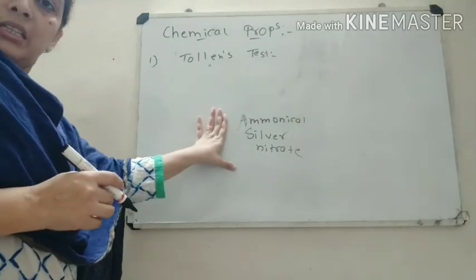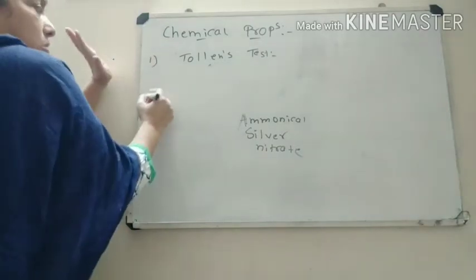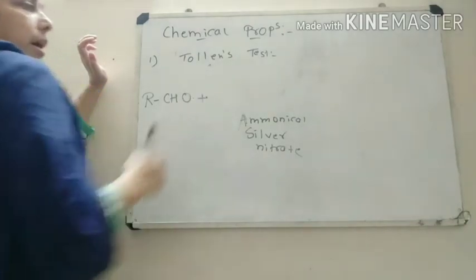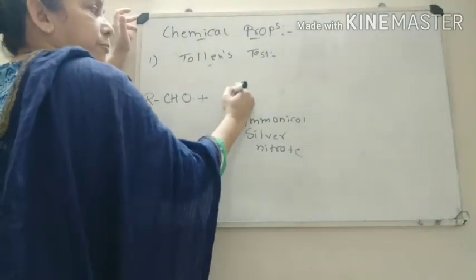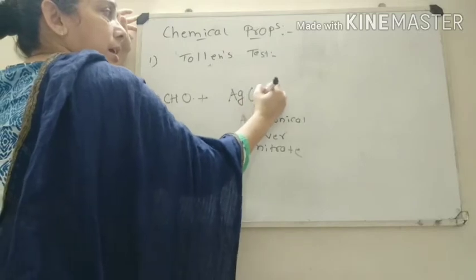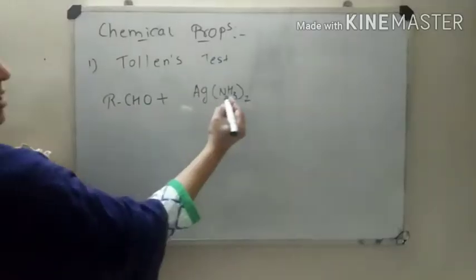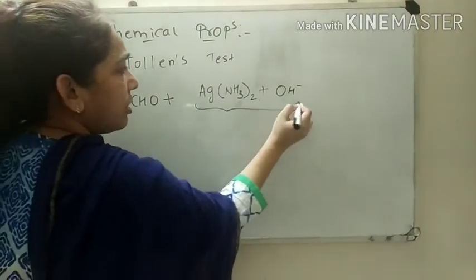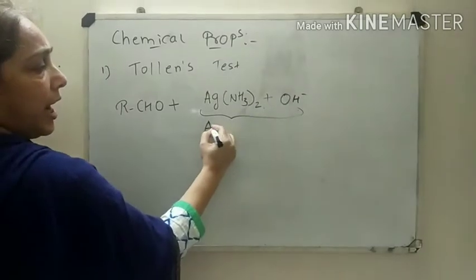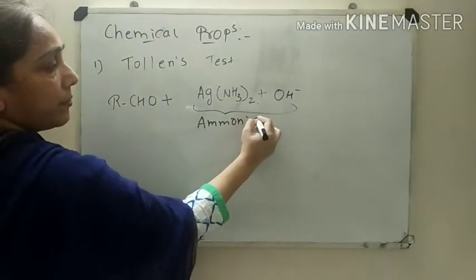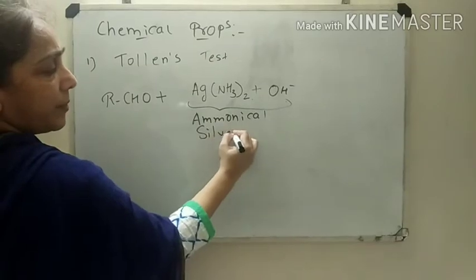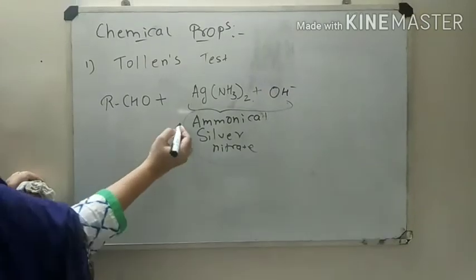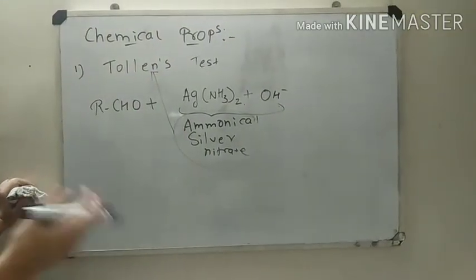When this Tollens reagent is boiled with the aldehyde, suppose I write the general formula of the aldehyde, and the ammoniacal silver nitrate formula is Ag(NH3)2 plus OH minus. Now this combination is known as the ammoniacal silver nitrate. This ammoniacal silver nitrate is also known as the Tollens reagent.